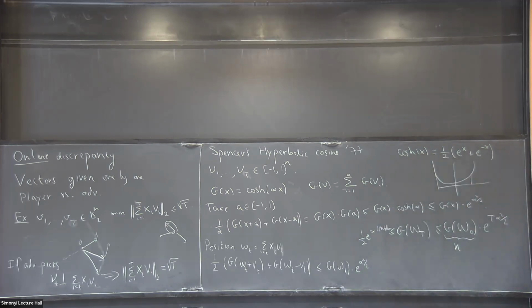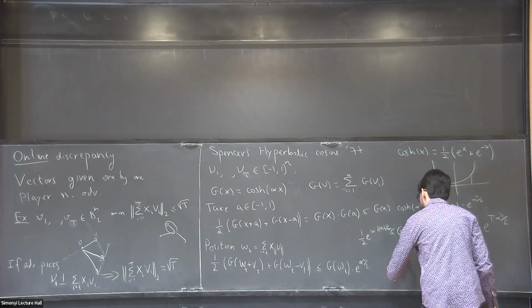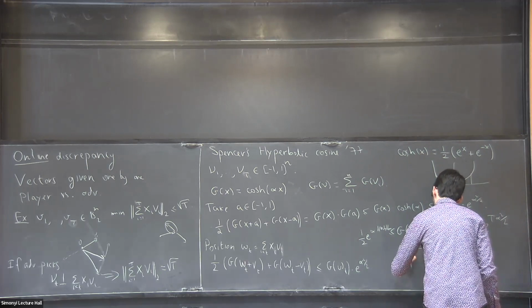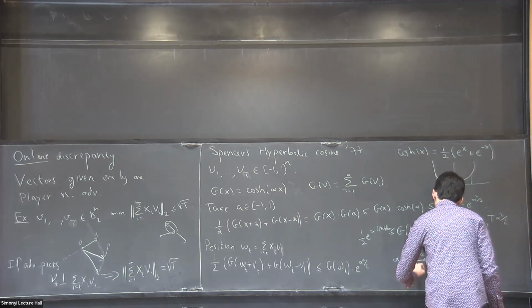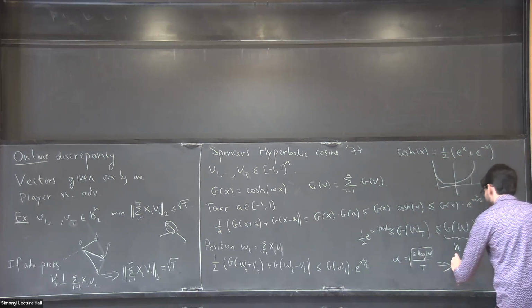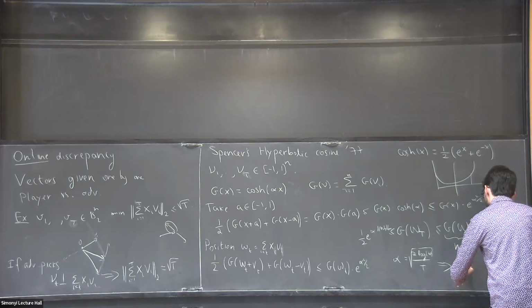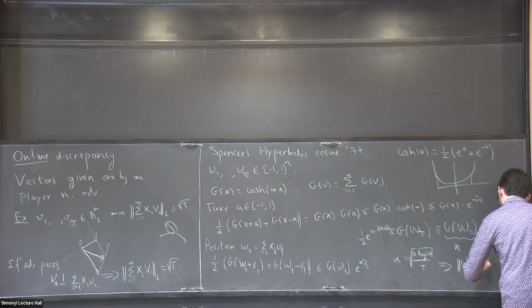So if you pick alpha carefully, the right choice of alpha is something like this, then this inequality will give you that the largest coordinate in the end is bounded by square root t log n.